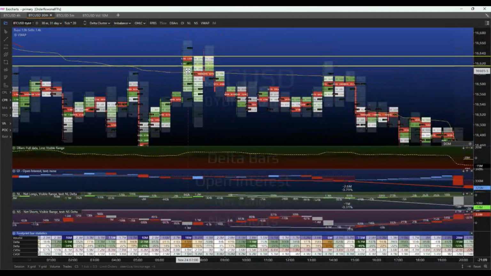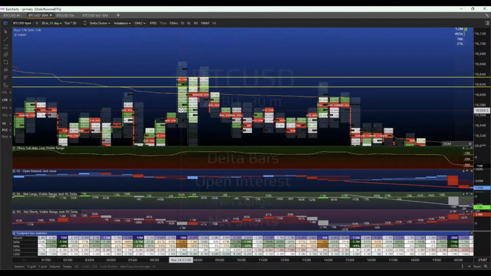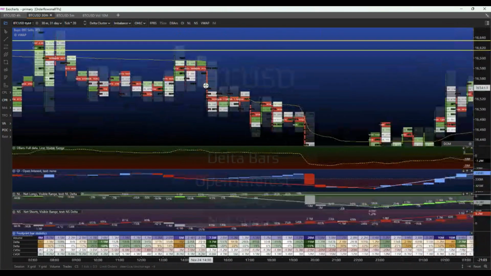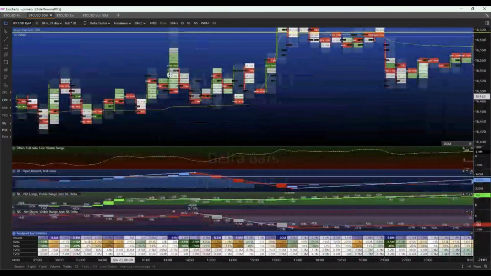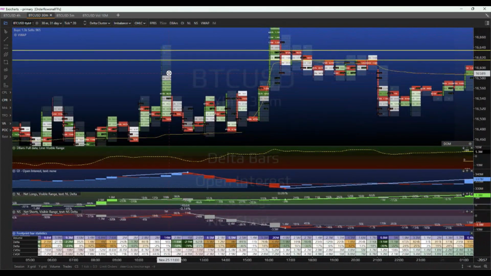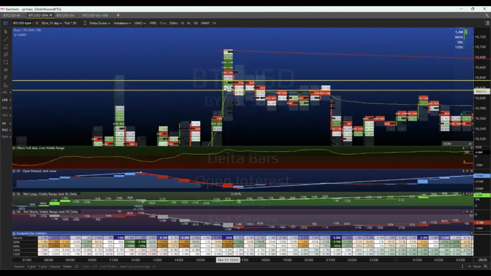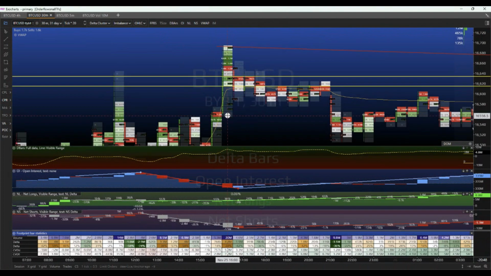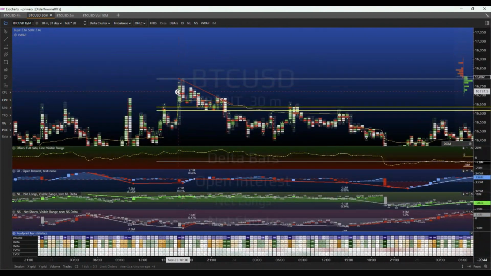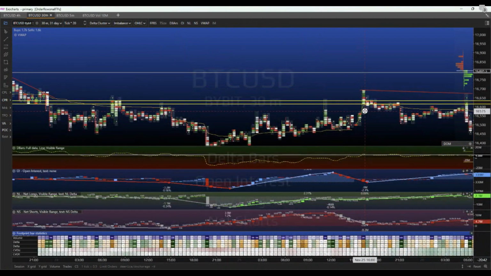This attempt, 18 million in volume, 4.9 million positive delta. This one, 14 million in volume, 90K positive delta, very weak. And then this one, 20 million in volume, 4.4 million in positive delta. So it's decreasing here. It's coming into resistance.